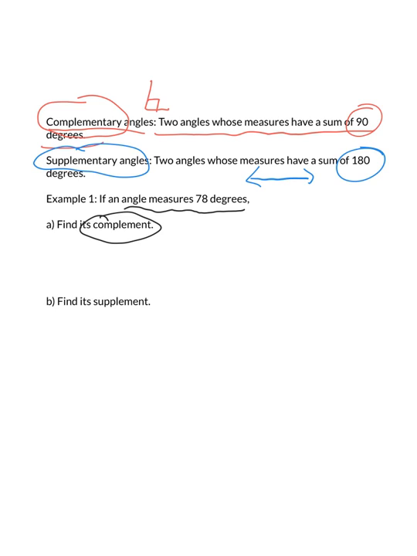And when you hear the word complement or complementary, you want to immediately think of the number 90. So all I need to do is take 90 and subtract the given angle. So 90 minus the 78 degrees that was given to me would give me 12 degrees.